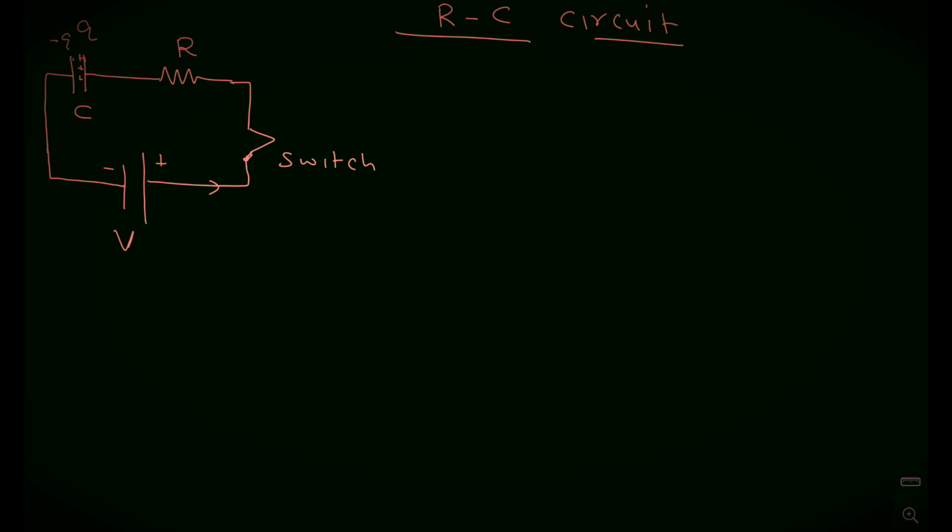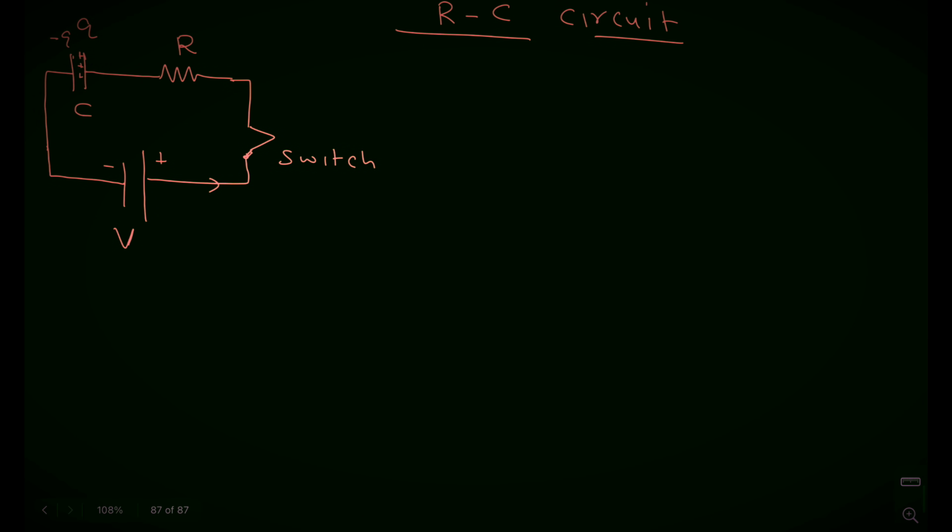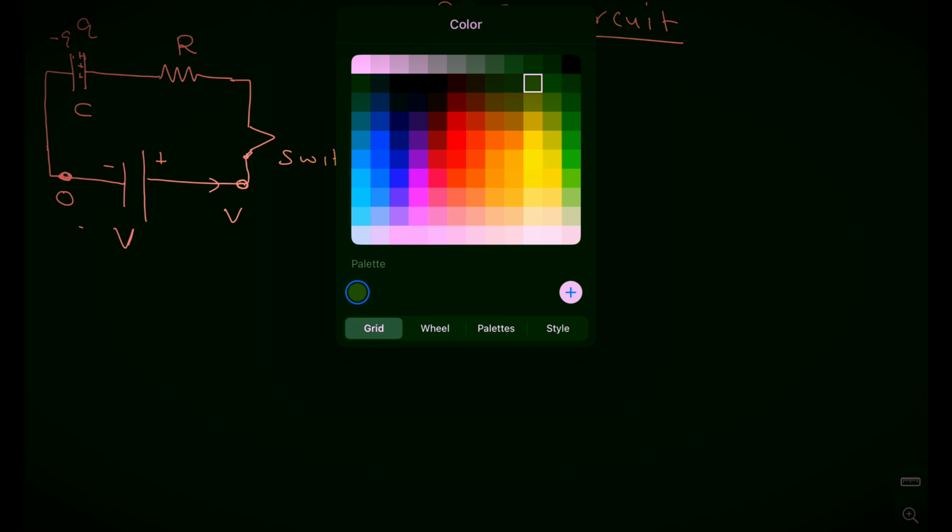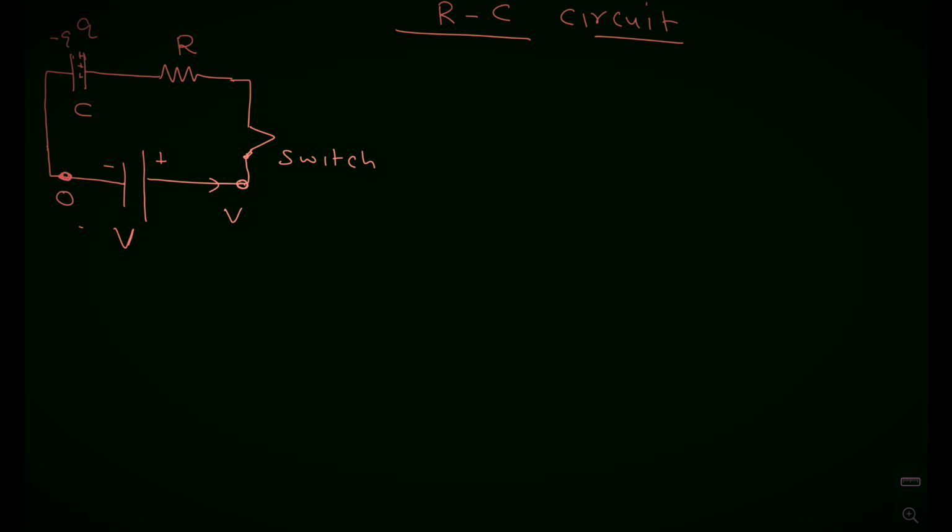Now, if I take this terminal voltage, this side voltage, as 0, then this side voltage becomes B, because the difference is maintained at B. I am able to choose any voltage.